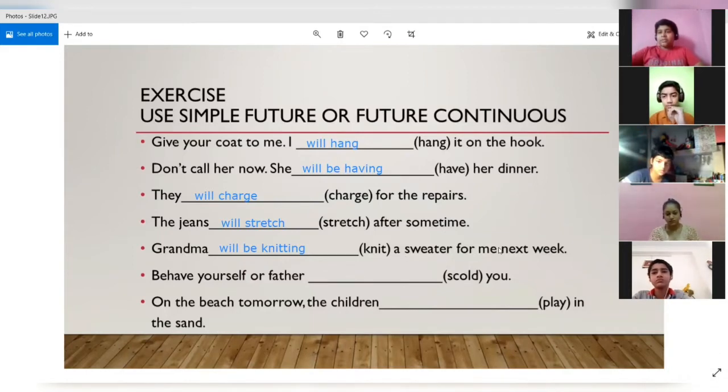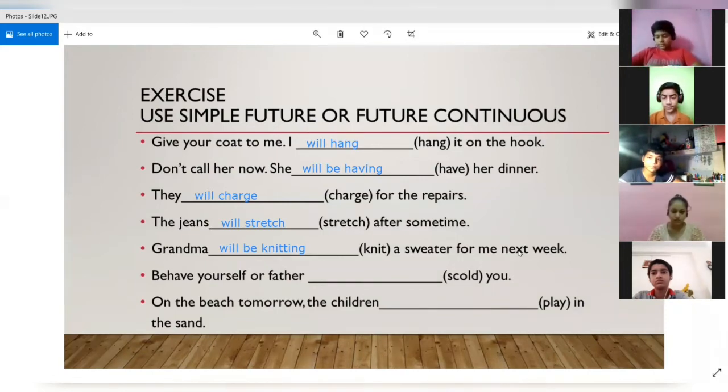See, so we are talking about next week. So we are providing a certain time, and in that time, this action will be going on. All right, the knitting of the sweater, because it goes on for a few days sometimes, right? So we are giving a certain time also, and we are saying that at that certain time, this activity will be going on. So this is the use of future continuous tense. All right.